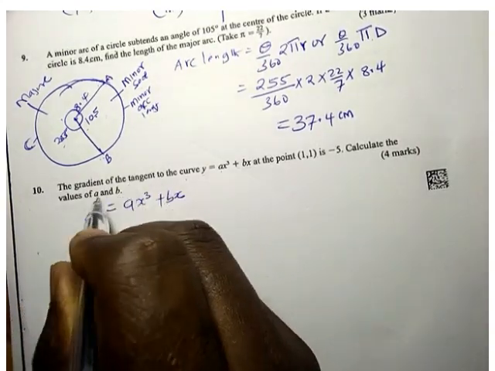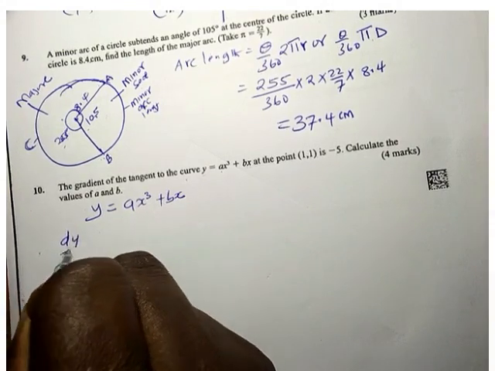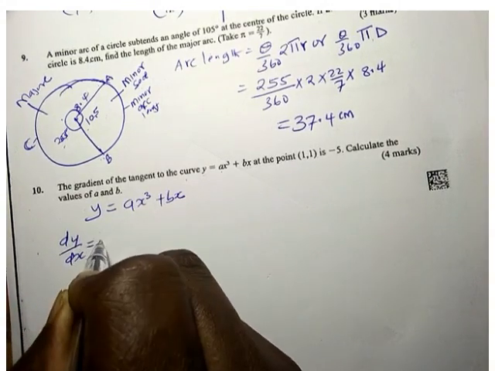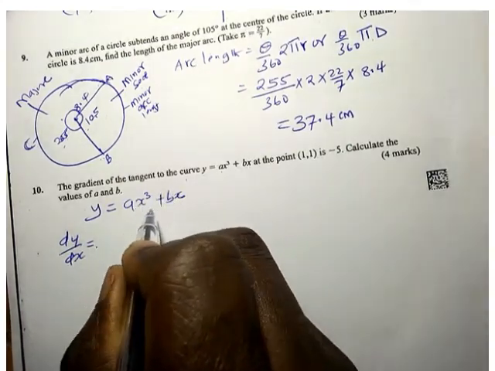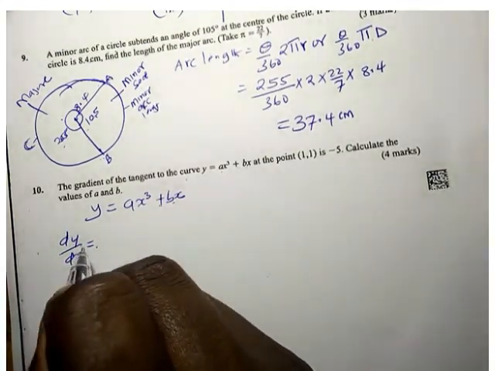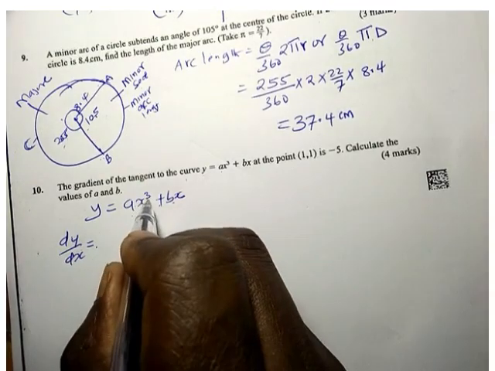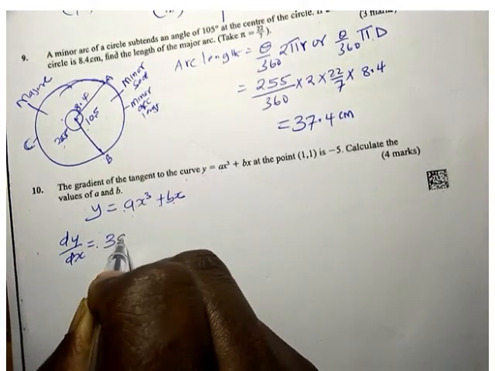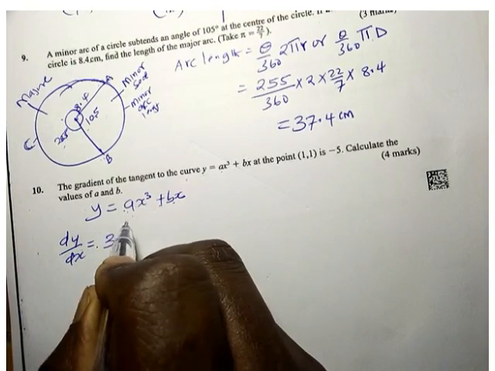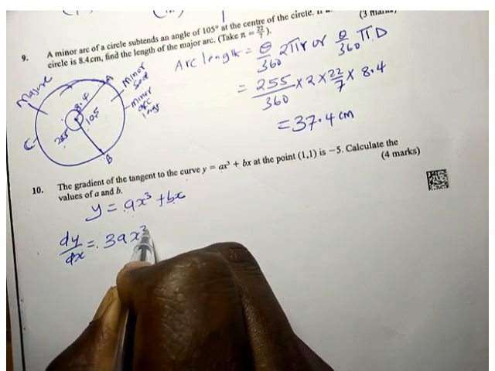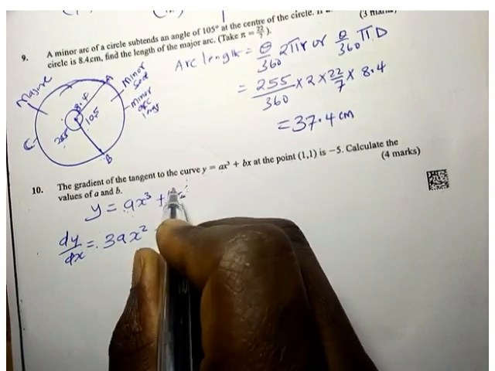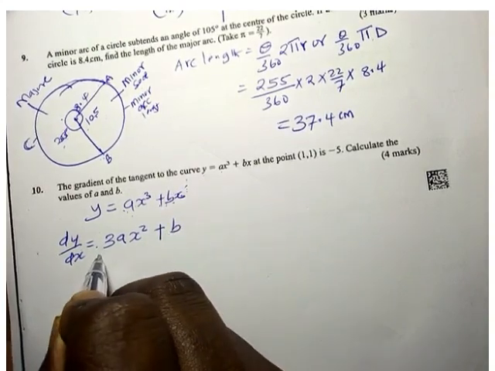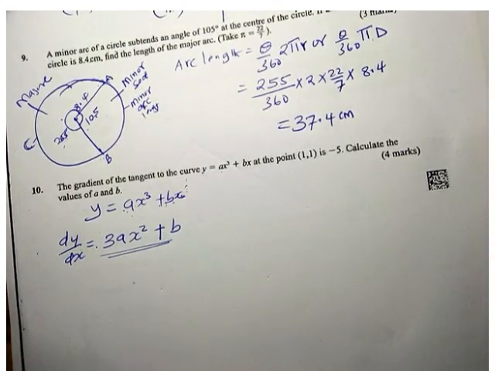So the gradient function is given by dy over dx. This is what we call the gradient function. And dy over dx is the differentiation of this. You differentiate this one and you get, for this one, dy over dx is going to be 3a, the 3 comes here, then x remains squared, minus 1, plus b times 1, which is b. So the gradient function is this one.